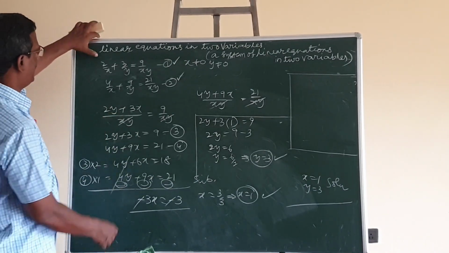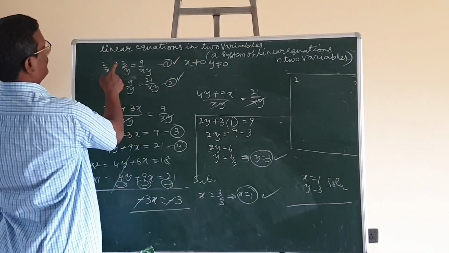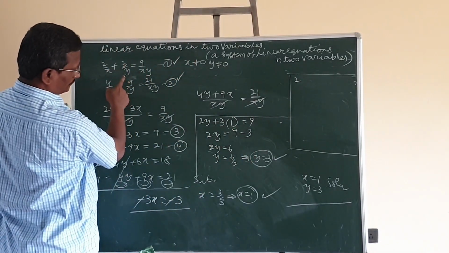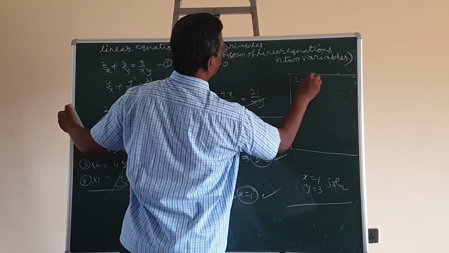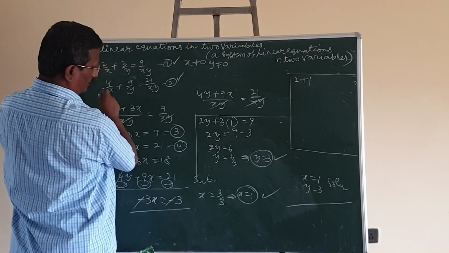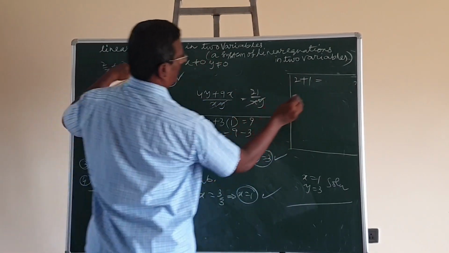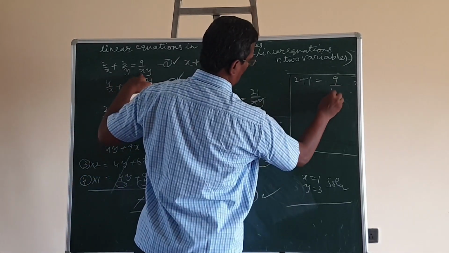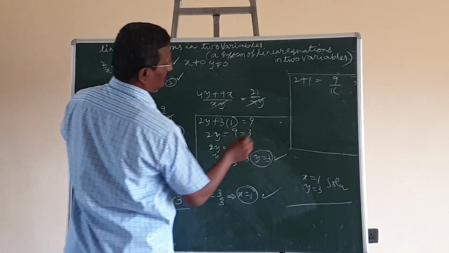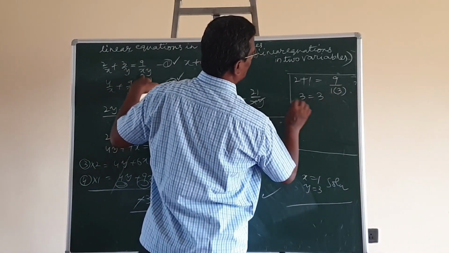2 by x means 2 by 1, which is 2. y is equal to 3, 3 by 3 is 1. 2 plus 1 is equal to 3. 9 upon xy, with x value 1 and y value 3, 9 by 3 is equal to 3.